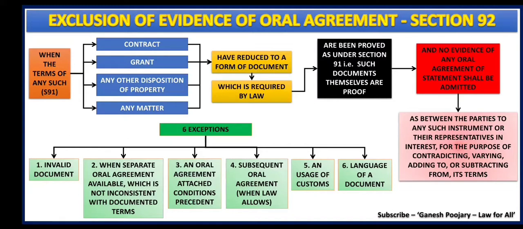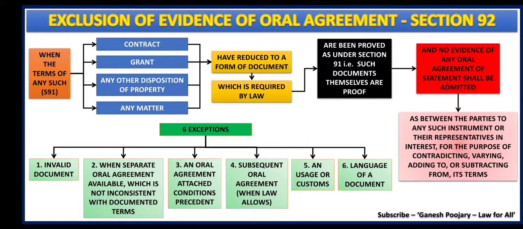But then it gives 6 very important exceptions where oral agreement can be considered. What are these 6 exceptions? The first one is an invalid document. If the document itself is invalid, in that case oral statement or evidence can be considered. Now, what is an invalid document?